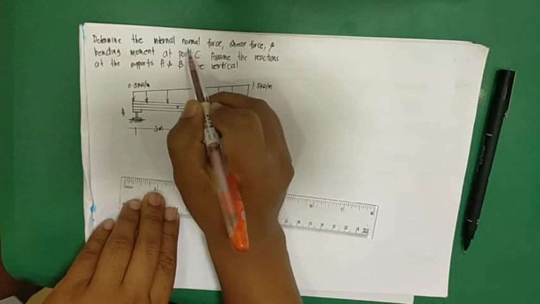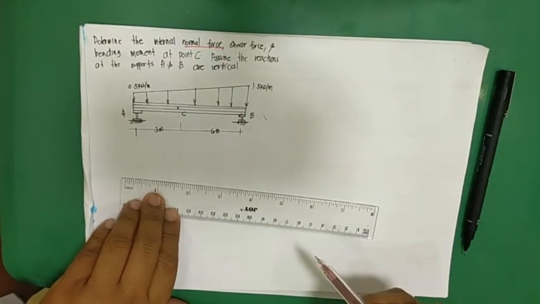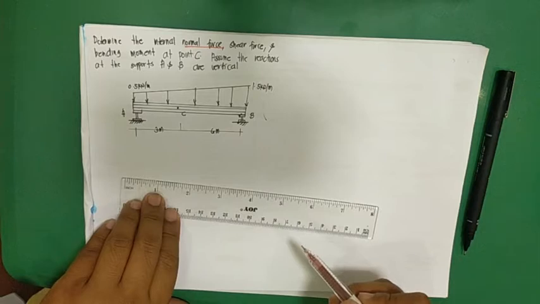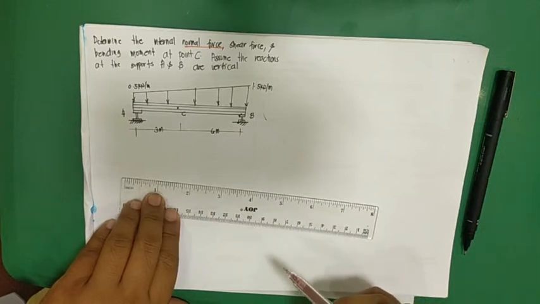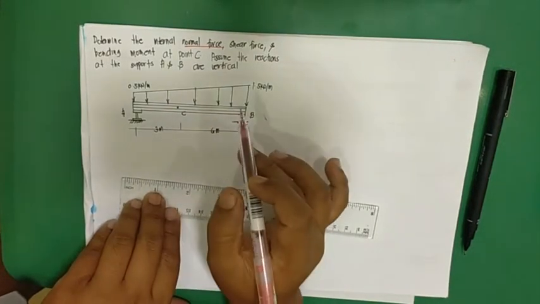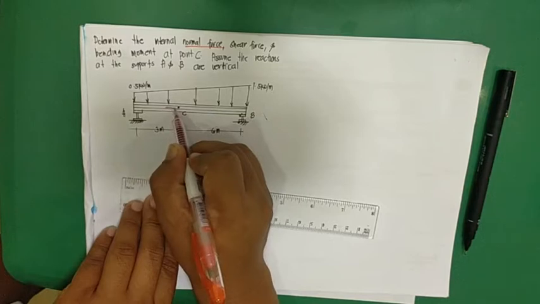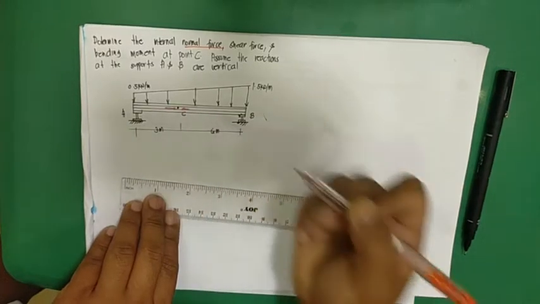Okay, normal forces meaning the normal effect, or let's say at point C, what will be the normal force, which is found here. So it can be here or it can be here. What will be the normal force?